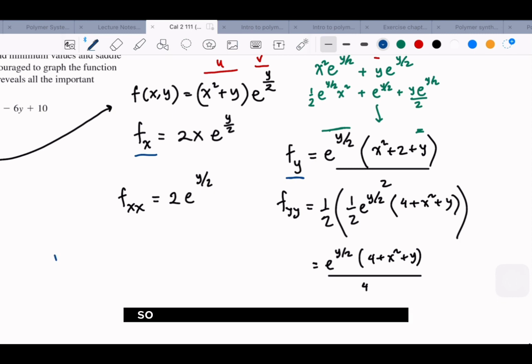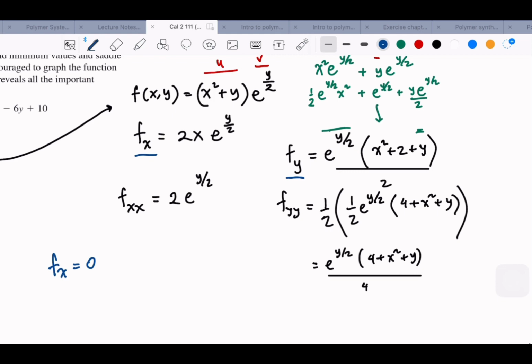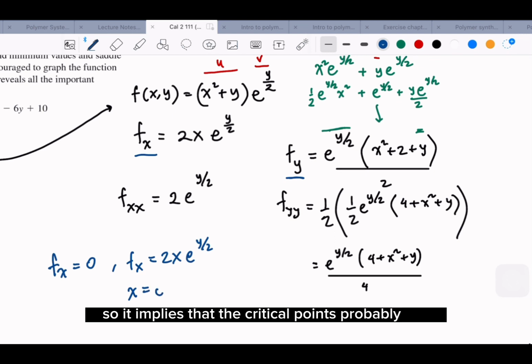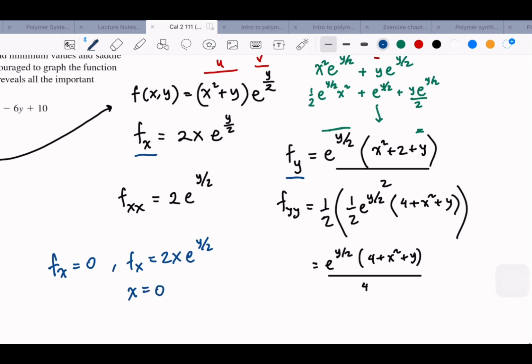So it seems that, so when partial x is 0, it seems that the possible way to make this happen is by taking, so let me write here that partial x is 2x e y over 2. So the possible way to make the partial x 0 is taking x 0, right? So it implies that the critical points probably this x equals 0.